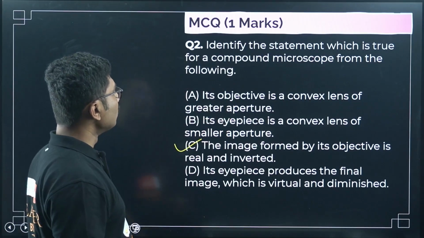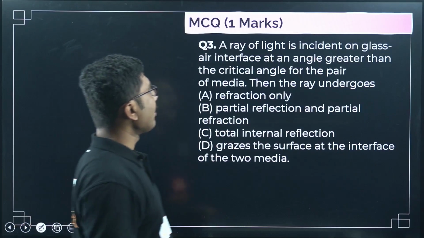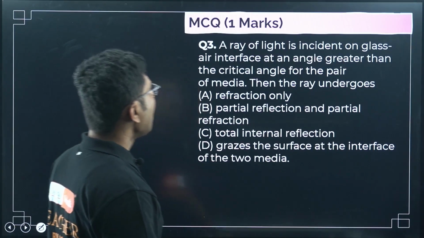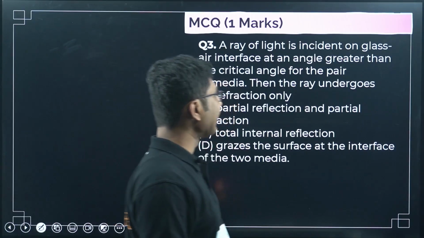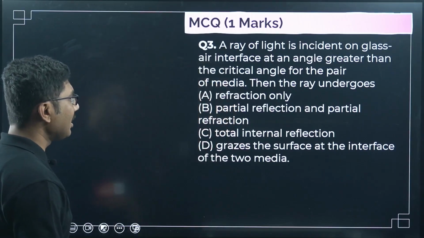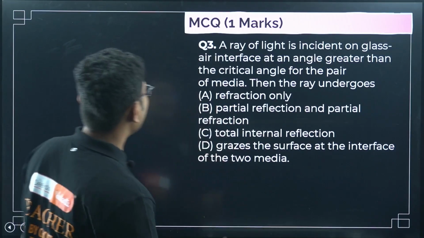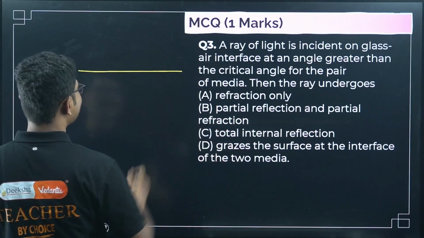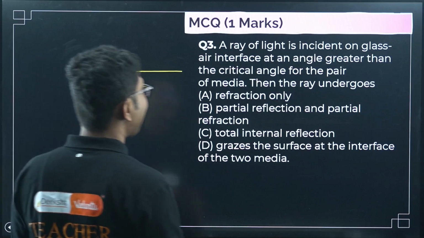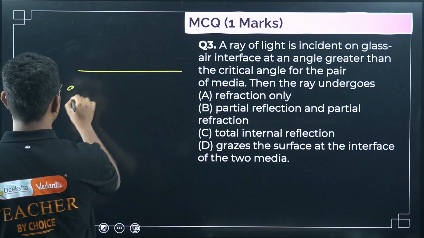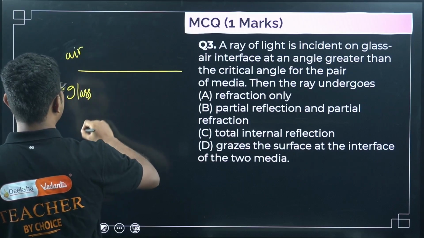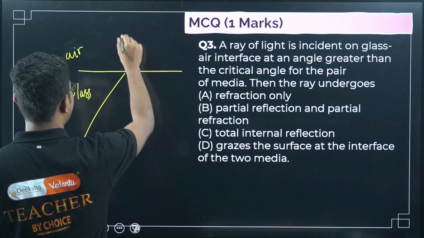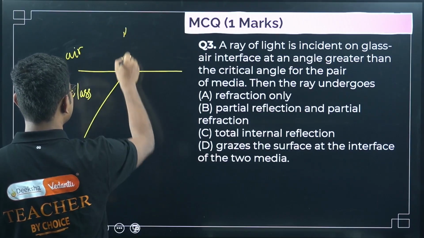Okay, now let's move on to the next question. A ray of light is incident on a glass-air interface at an angle greater than the critical angle of the pair. So this is glass, this is air, and it is incident at an angle greater than theta c, that is the critical angle.